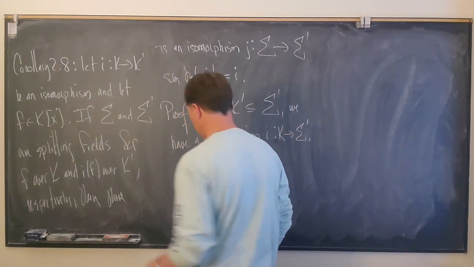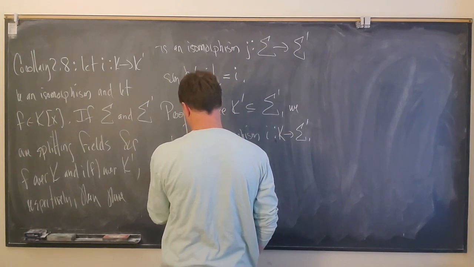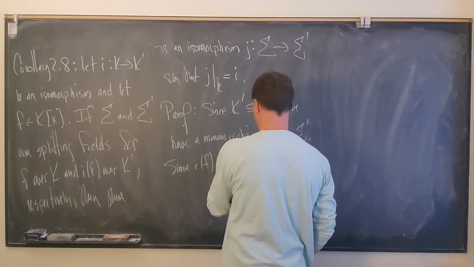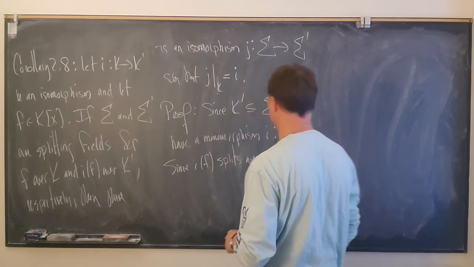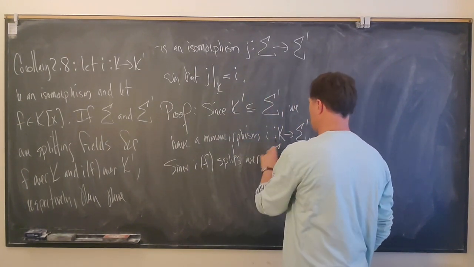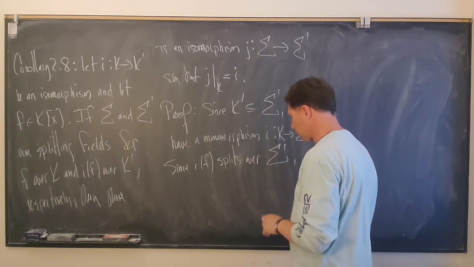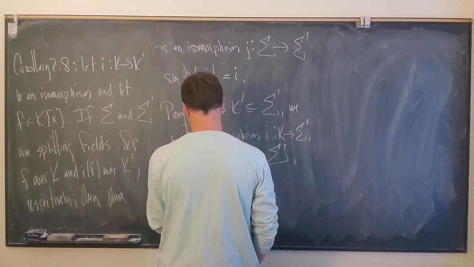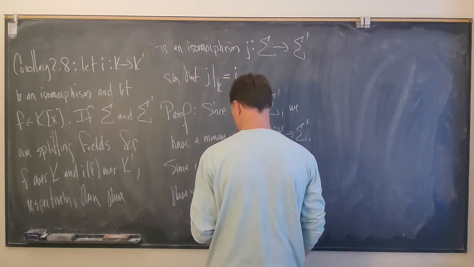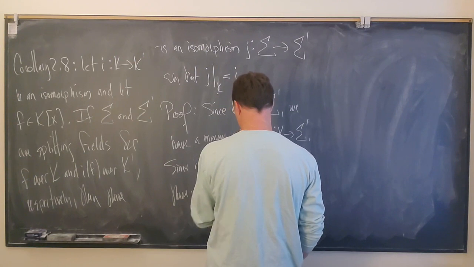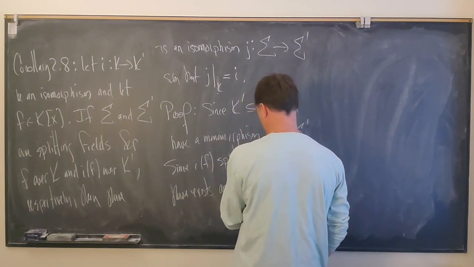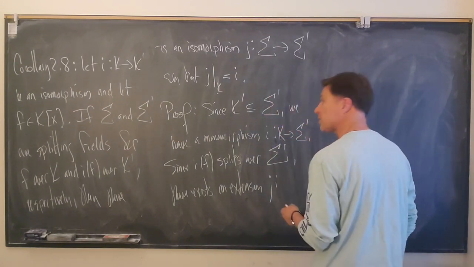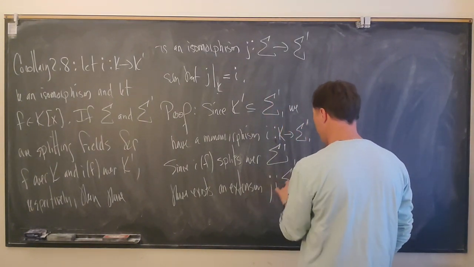Now, since I of F splits over sigma prime, there exists an extension J from sigma into sigma prime of little I. This is our previous theorem, theorem 2.7.